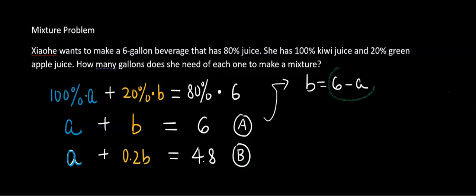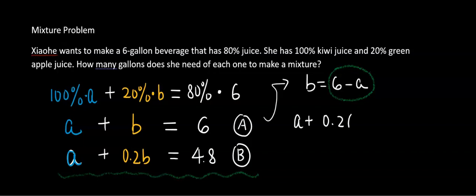B is 6 minus A, which means I'm going to come back to this one. When I say B, I'm going to say B becomes 6 minus A. I'm going to rewrite A plus 0.2 times 6 minus A equals 4.8.